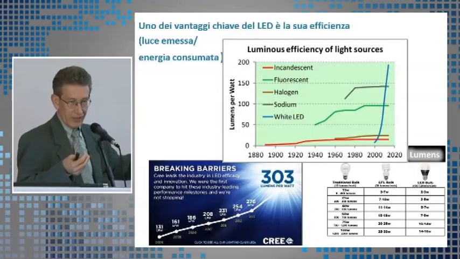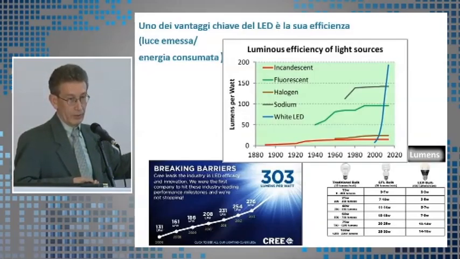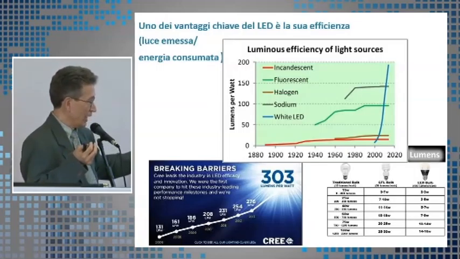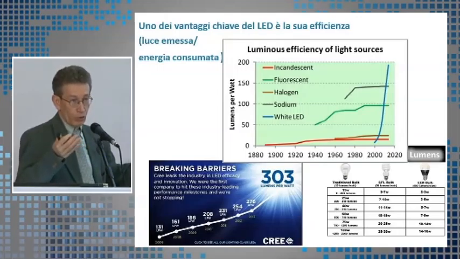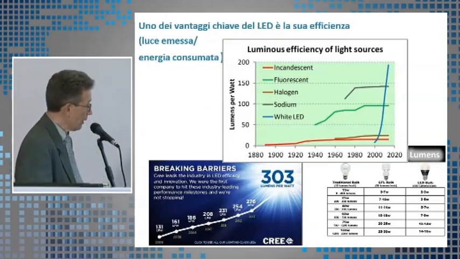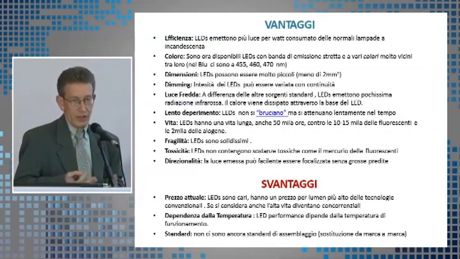But this is just to tell you that in the lab, we've already reached these levels. But where's the limit? The limit is 800. Above 800, in theory, we won't get. But this means that as compared to now, we will have LEDs which will be 8 times more powerful and which will consume 8 times less than the currently marketed ones, with the amount of light being the same.